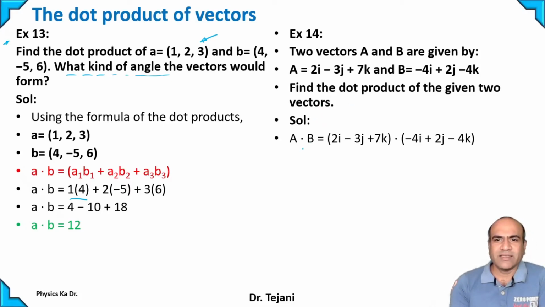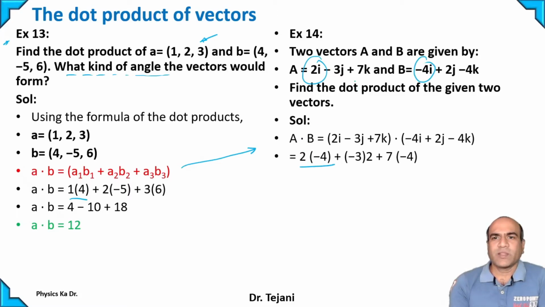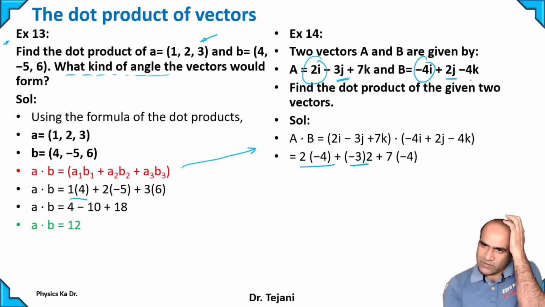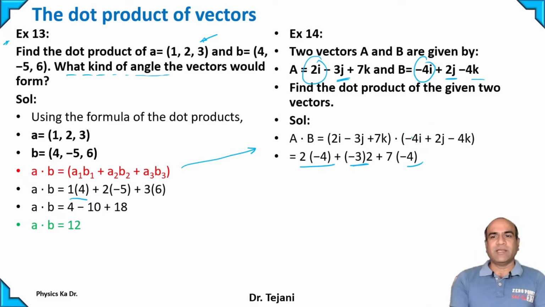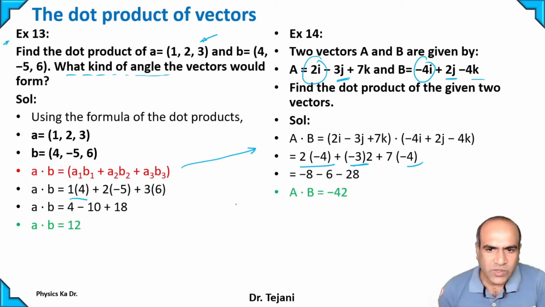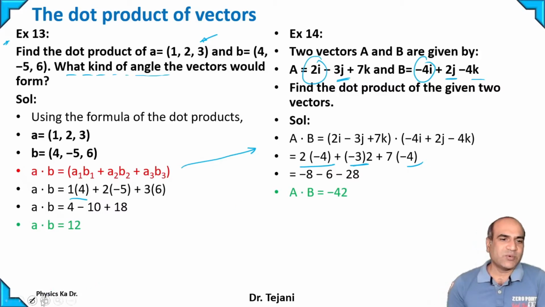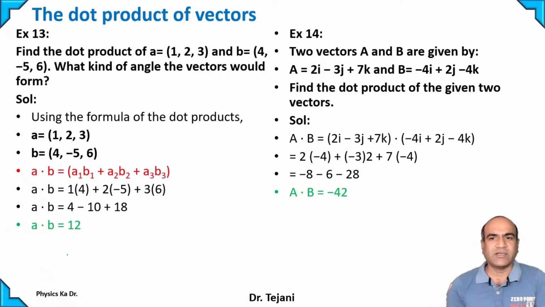We know the method is like that, and a similar equation is to be followed. 2 multiplied by minus 4, then minus 3 multiplied by 2, and here 4 multiplied by minus 4. So ultimately it gives us minus 42. The solution is minus 42. The vector dot product gives a scalar, right?